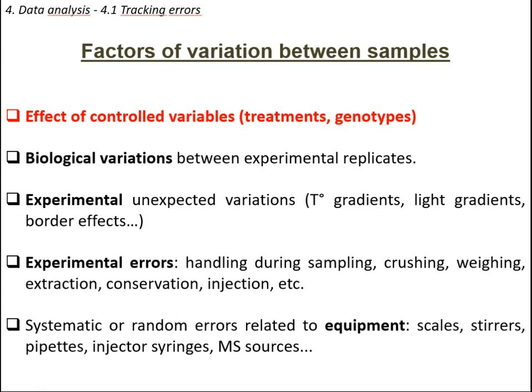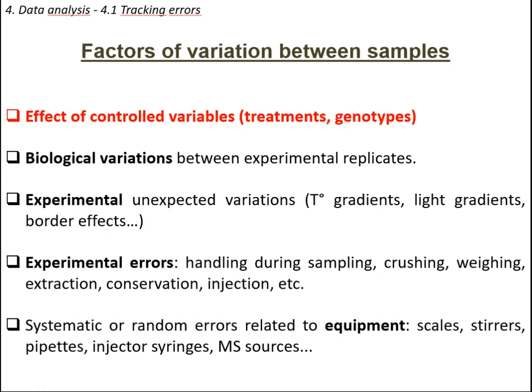If you're in a field, you know that there is a border effect, and so it's very common practice to leave the first meter of the borders in the field and not to collect them, because they will have undesired effects from the simple fact they are at the border of the experimental field.